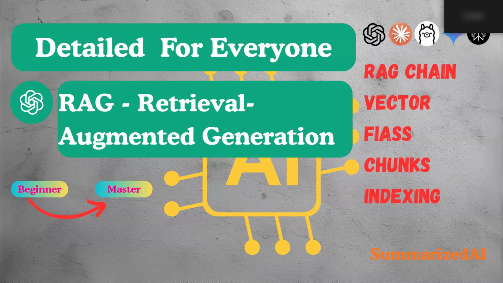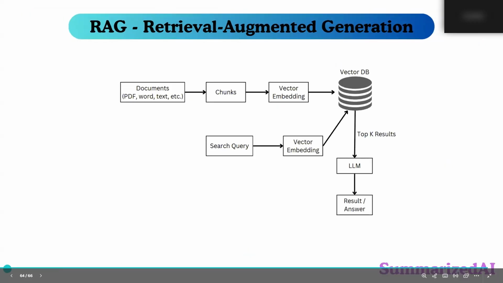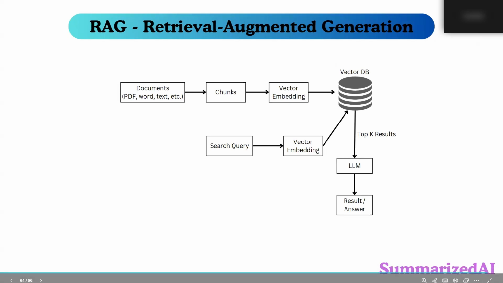Think of it like having a super smart assistant, one who first scans through all the necessary documents, understands what's important, and then crafts a response that's accurate, relevant, and right on target. Great. Let's first try to understand RAG at a very high level and how it actually works.